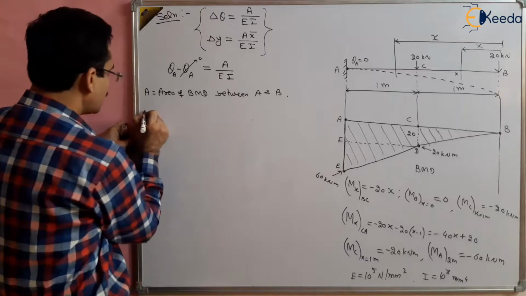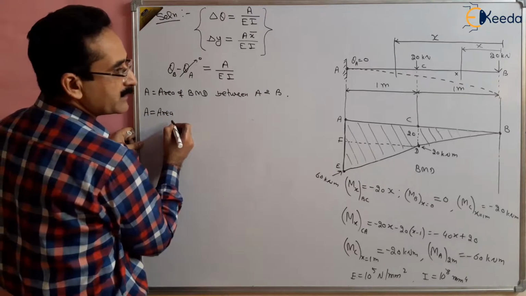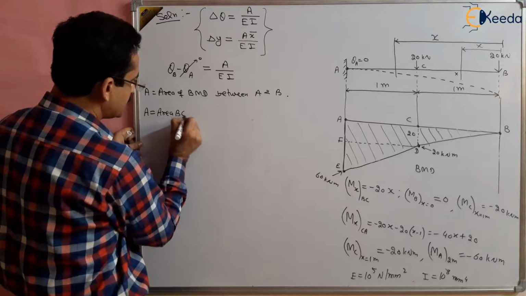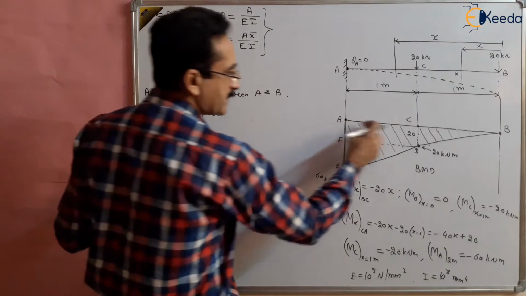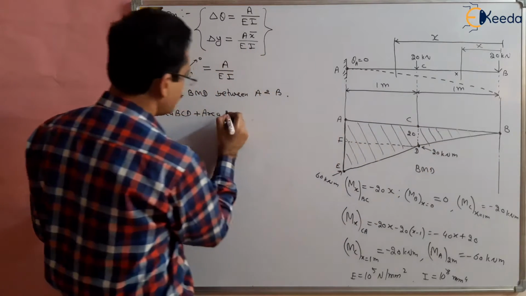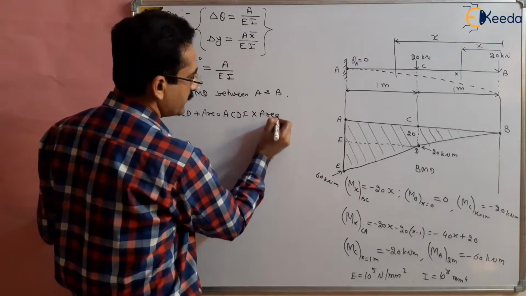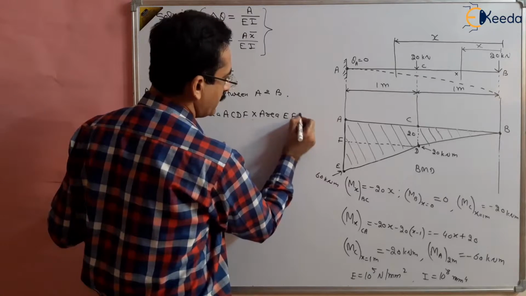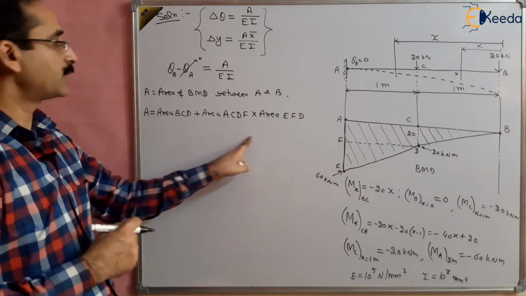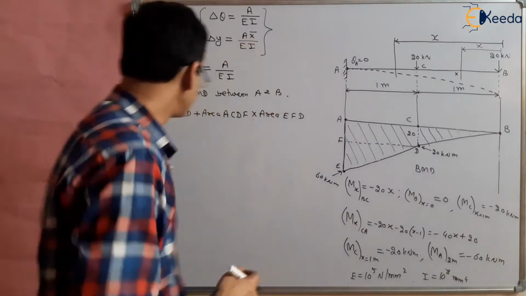So A will be equal to the area of triangle BCD plus the area of this rectangle ACDF, and then the area of this triangle, EFD. So this is the total area of the bending moment diagram between A and B.